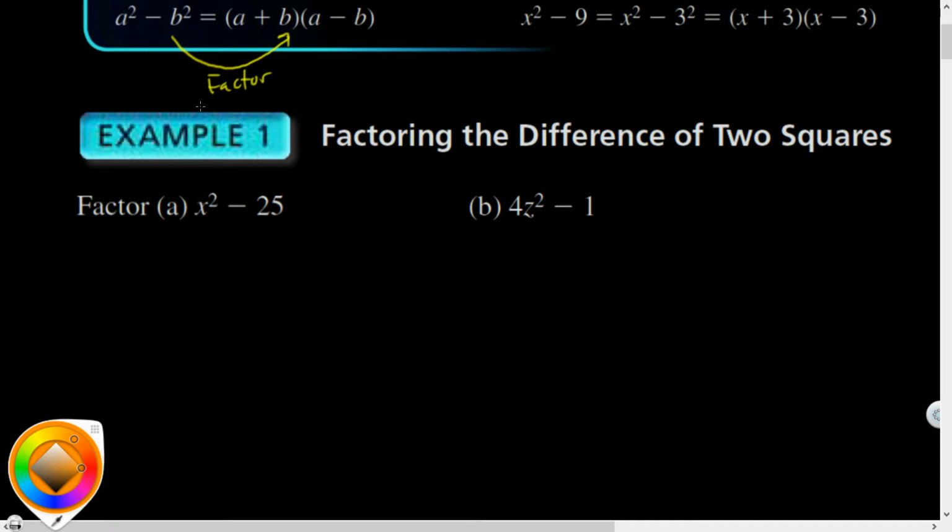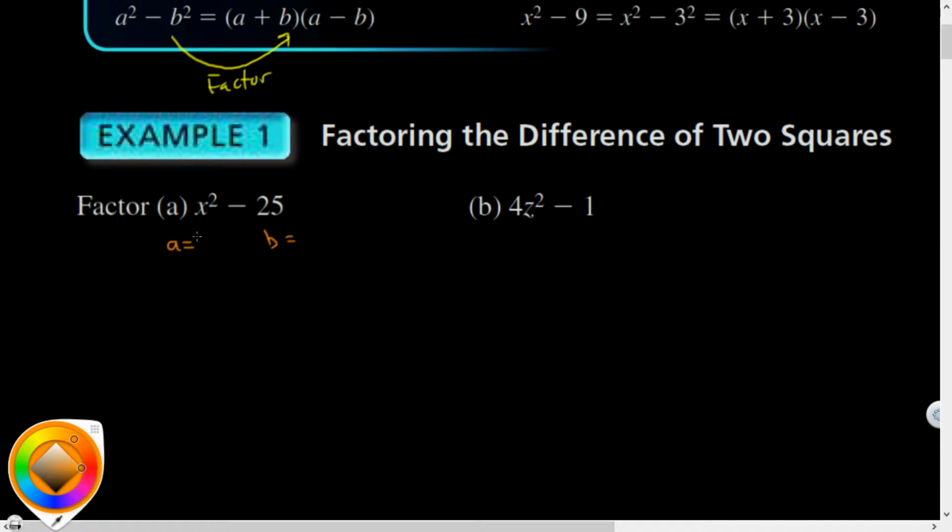So it seems to match the pattern all around, and now my question for you is, if it matches that pattern, what would a have been, and what would b have been? Well, a is whatever was squared that gave me the first term, so what squared would equal x squared?